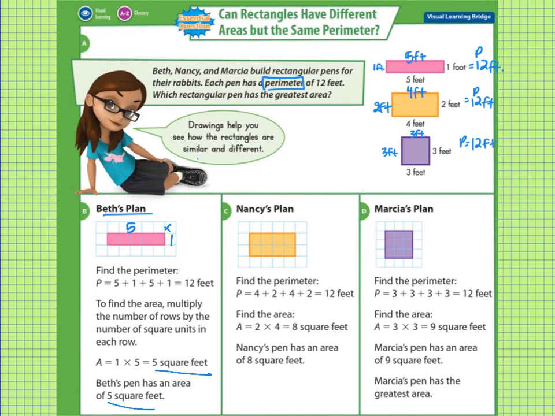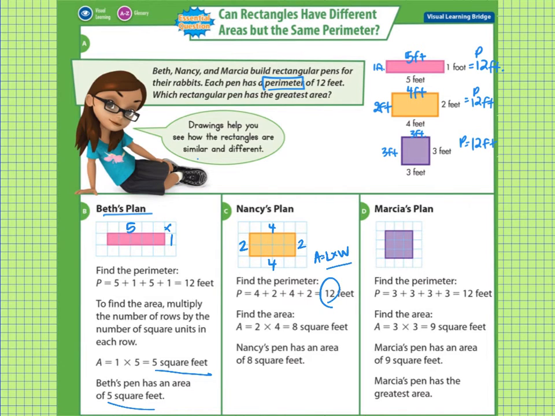So let's take a look at Nancy's plan. So Nancy, we know here, her perimeter, we've got 2 feet, 4 feet, this is also 4 feet, and this is 2 feet. So if we add all of that up, we get 12 feet. So her perimeter is also 12 feet. Let's find the area. So remember, we find the area by length. Area is length times width.